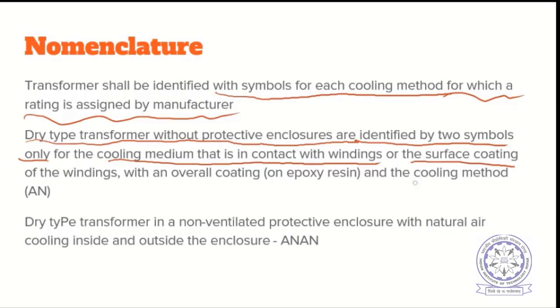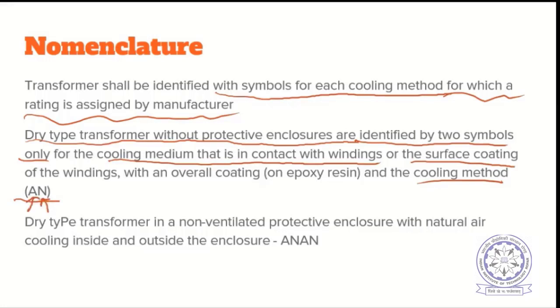And the cooling method. For example, air natural. In this case, the transformer windings are in contact with air. Over the windings definitely there will be enamel coating or some epoxy coating, and that coating is in touch with the air. That's what it means. Here A stands for air and N stands for natural.